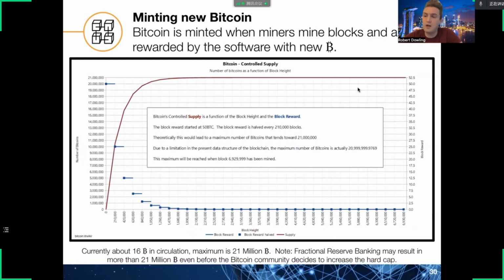Why was this? Well, if you look at the Genesis block of Bitcoin, it actually has a reference to the 2008 financial crisis. The creators of Bitcoin, it goes back to the cypherpunks. The cypherpunks, very libertarian.